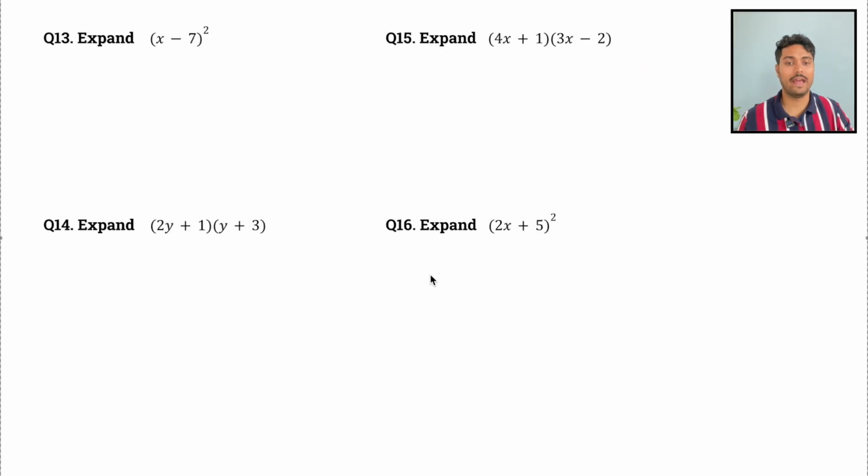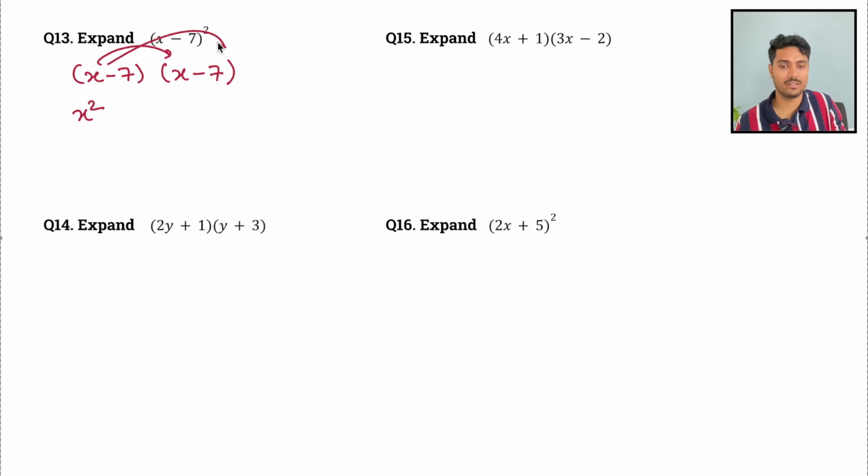Question number 13. x minus 7 the whole square. So now x minus 7 the whole square can be expanded using two different approaches. x minus 7 को हम लिख सकते हैं x minus 7 multiplied by x minus 7, and then we can apply the same approach. x multiplied by x, first term with first term, x square, x multiplied by minus 7, so minus 7x, second term with first term, so minus 7 into x, minus 7x, and second term with second term, so minus minus plus, and 7 7s are 49.